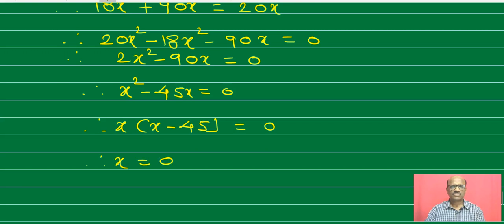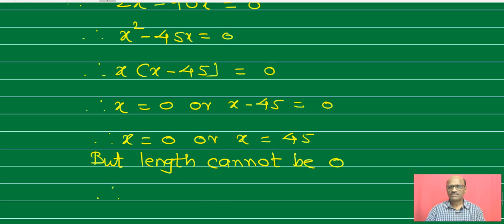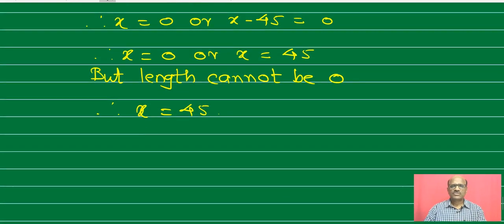Therefore x is equals to 0 or x minus 45 equals to 0. Therefore x is equals to 0 or x is equals to 45. Therefore the breadth of the field is 45. The breadth cannot be 0. x is equals to 45.